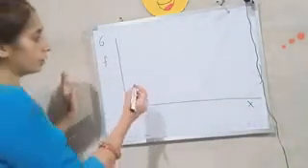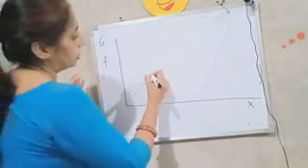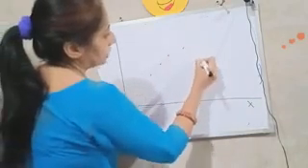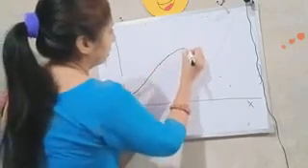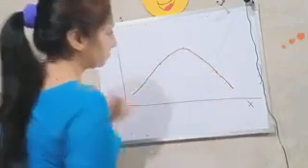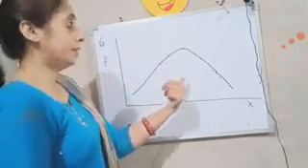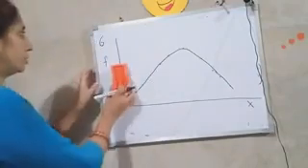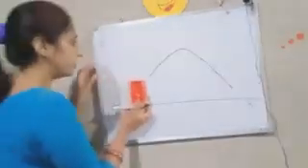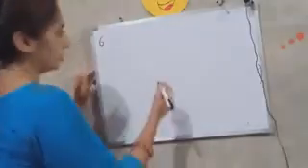If I plot all the values and join all these values in a freehand manner, then this will take a shape, and this is known as the shape of the distribution. Now why do we need to understand the shape of the distribution? How is it connected with the standard deviation? We need to understand it.